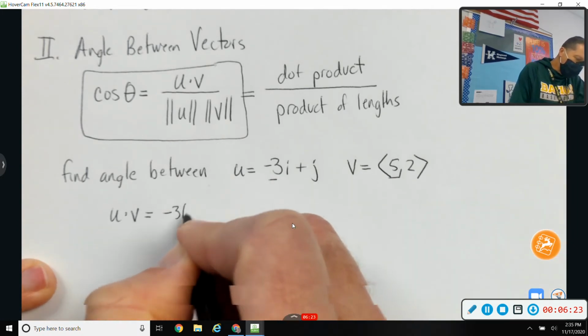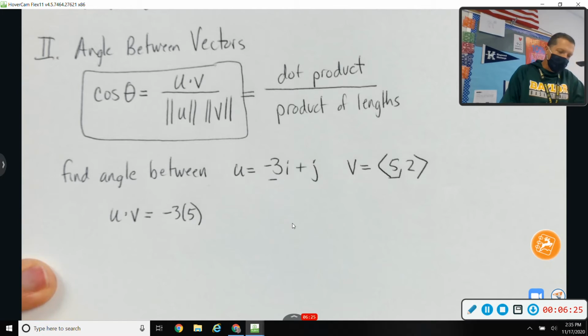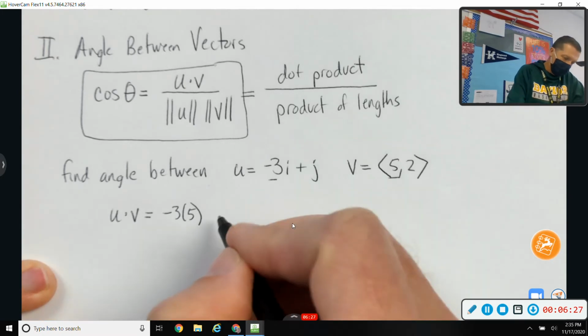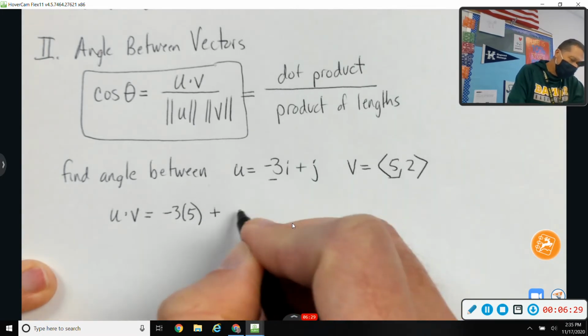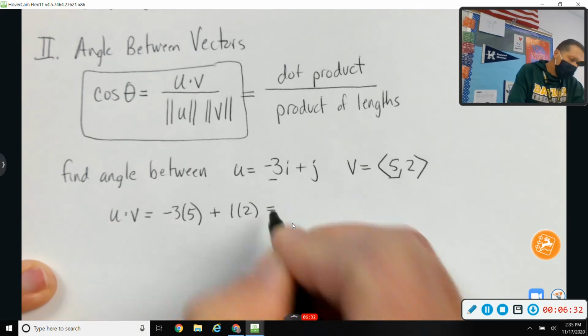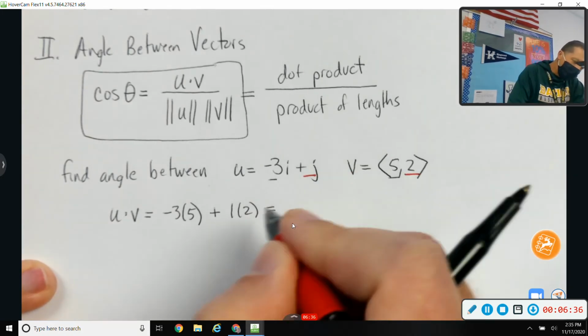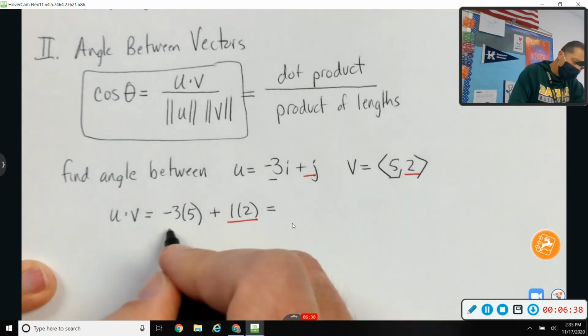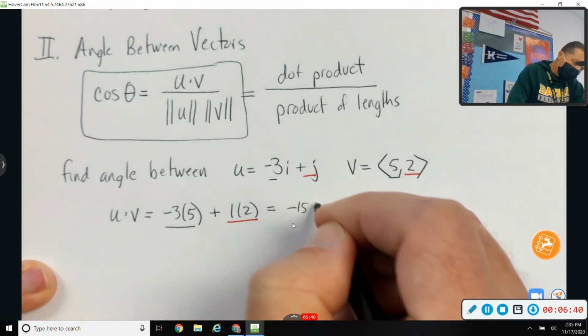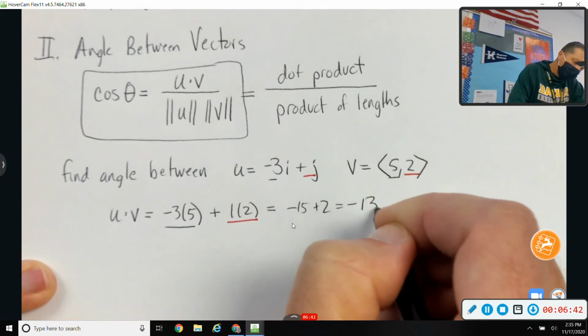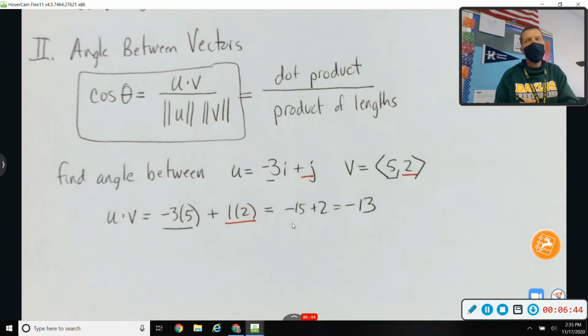So the dot product, negative 3 times 5, plus 1 times 2. Right, so multiply the x's, multiply the y's, add them together. So we got another dot product practice problem sneaked in there.